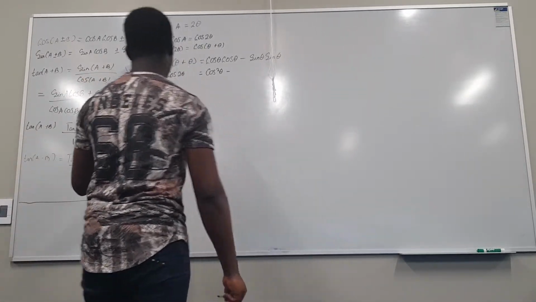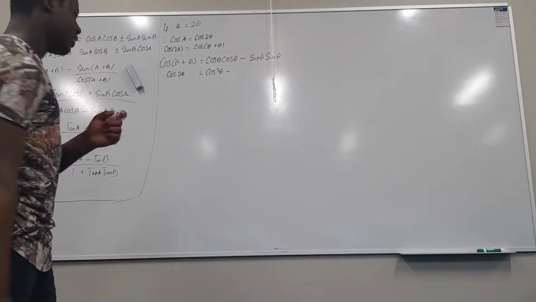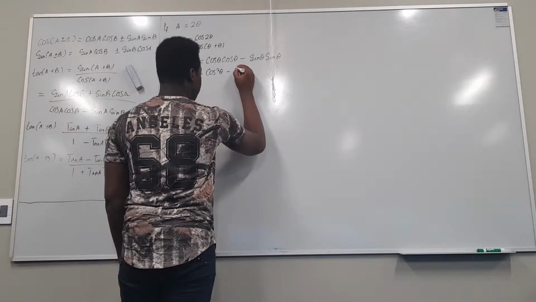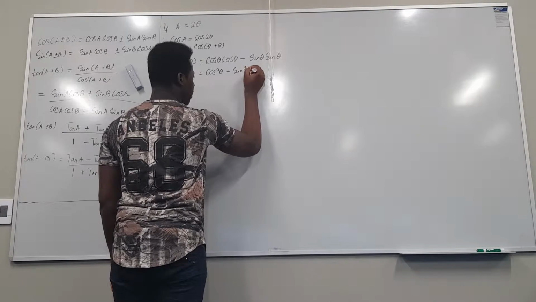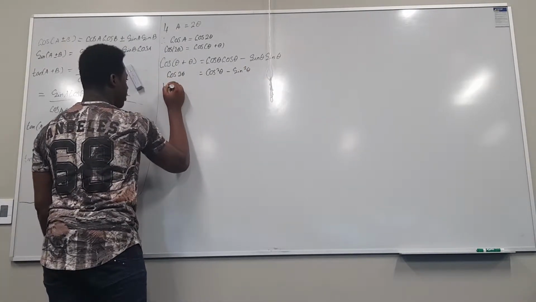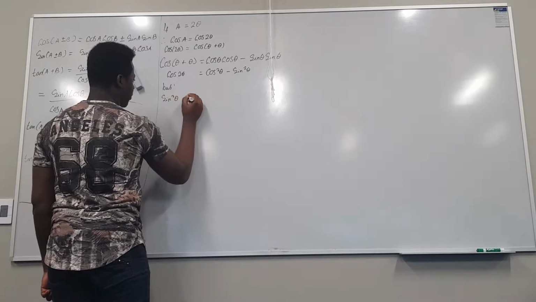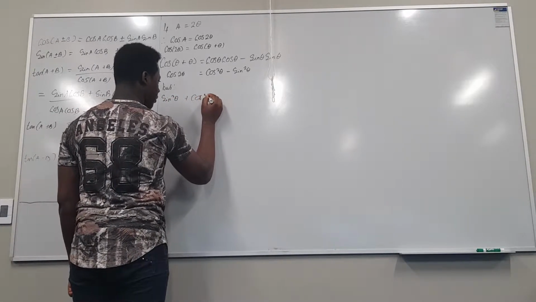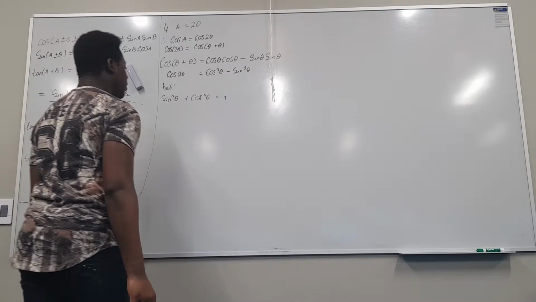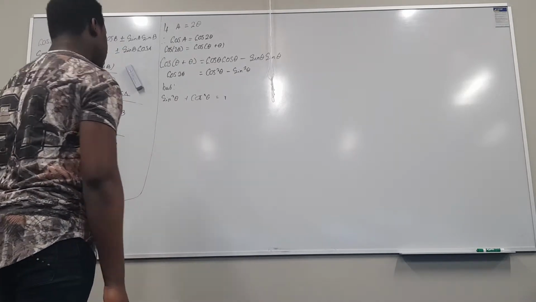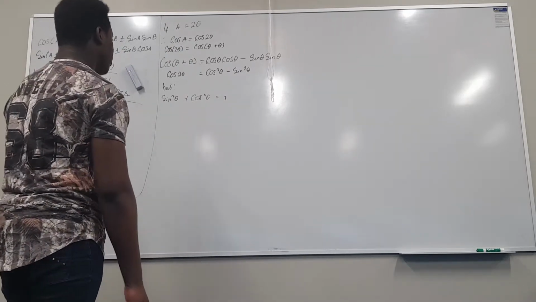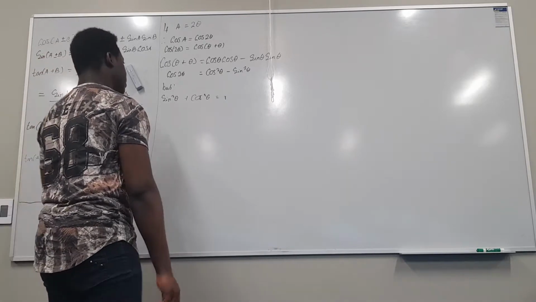So what I'm actually doing here is the double angle identity, but let's go further. But we know something. We know that sine squared theta plus cosine squared theta is equal to 1. Hence, if we solve for sine squared theta, it is equal to 1 minus cosine squared theta.